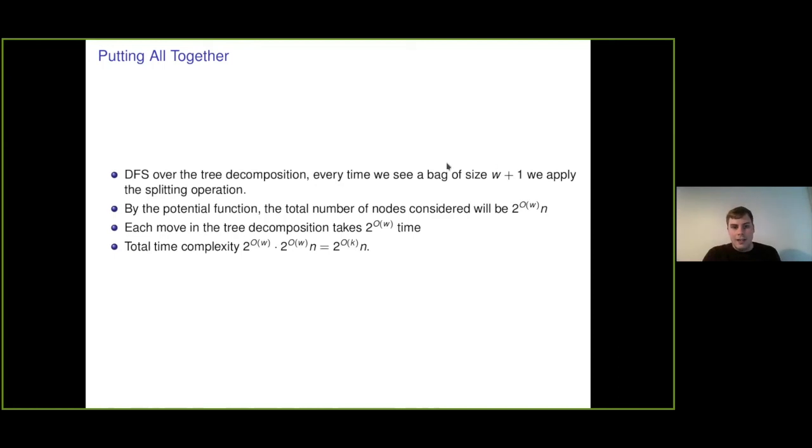Then we argue by the potential function that the number of nodes we consider will be single exponential in w and linear in n, and each operation in this tree decomposition takes this much time, which by the potential function amortizes to a total time complexity single exponential in the width, or single exponential in k, where k is our parameter, and linear in n.